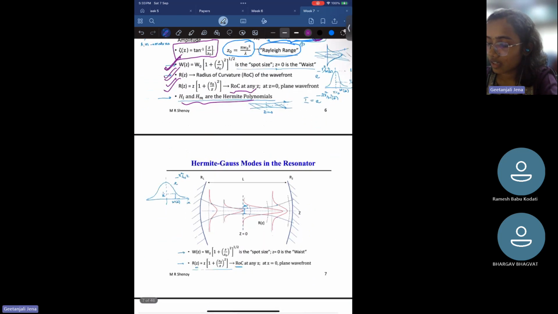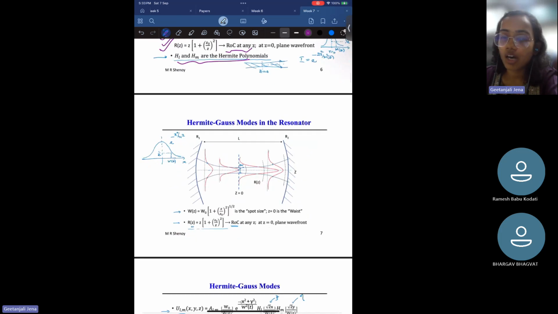Now we'll see how the beam behaves inside two concave mirrors.